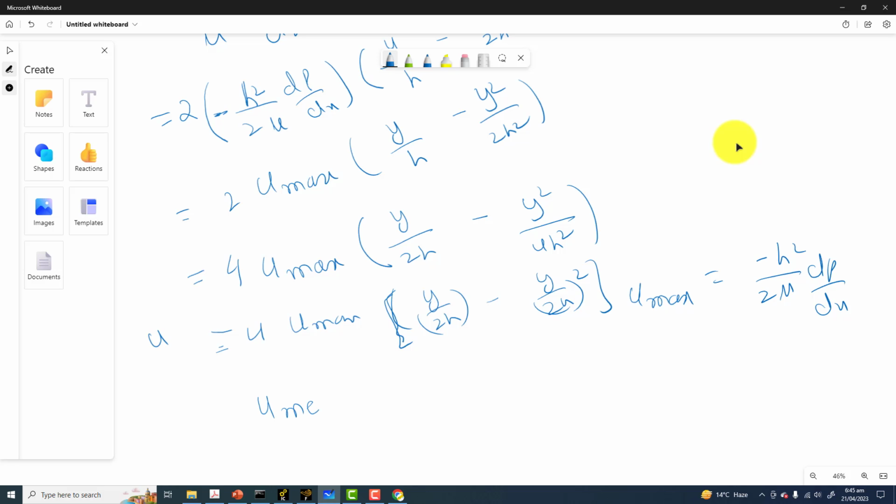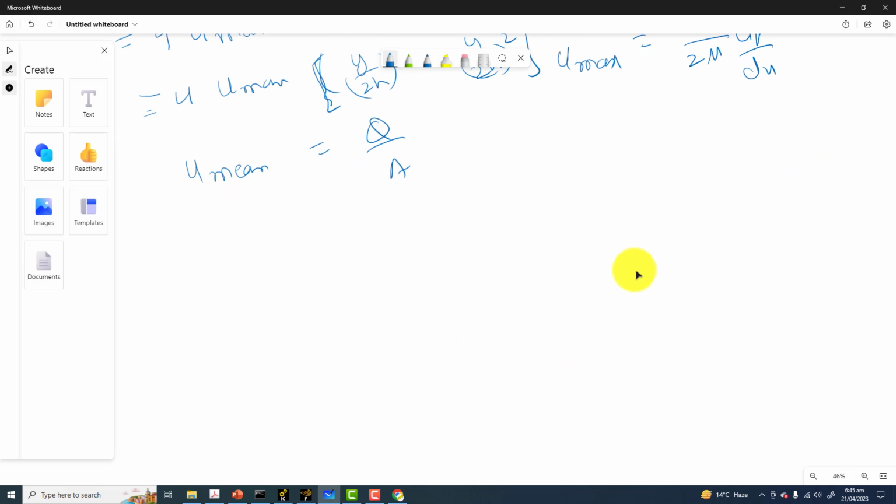So u mean would be equal to q upon area. All right, so this q will be equal to integral from 0 to h, and then we have to multiply with u into dA.